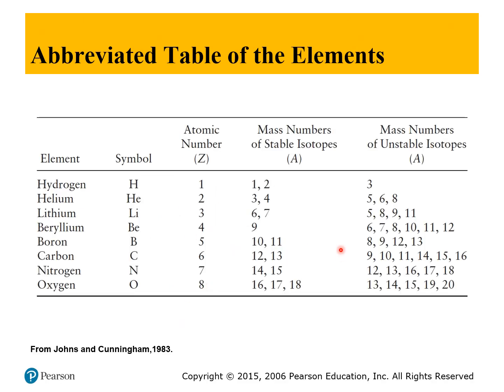Now, this is a table that is showing you some of the elements. We have the element, the symbols, and then the atomic number. Do you know what the atomic number is? How many electrons do we have on the valence orbit, the last orbit?